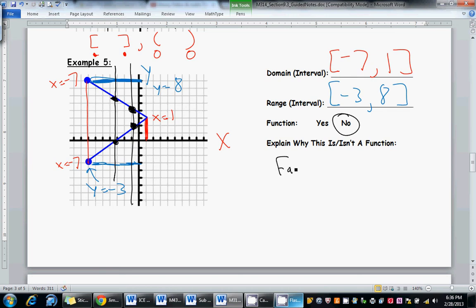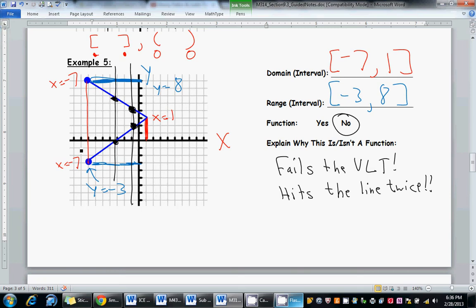It fails the vertical line test. It hits the line twice. That's very taboo. You cannot hit that line twice. Big deal for mathematicians. We're very picky about that type of stuff.